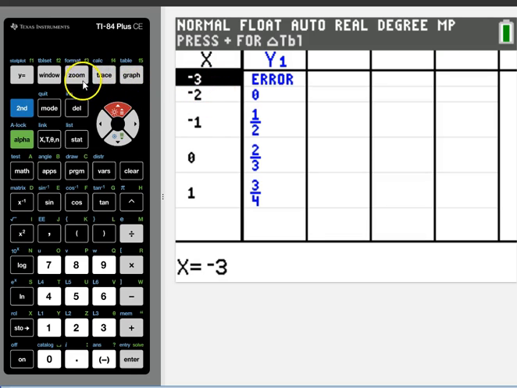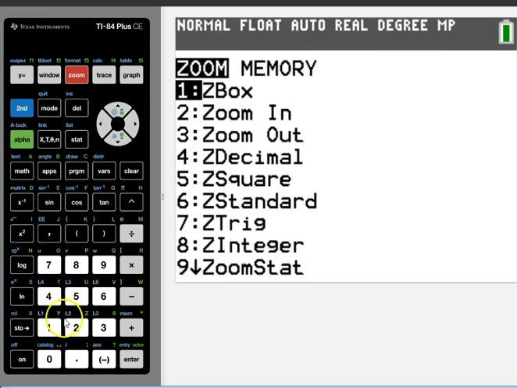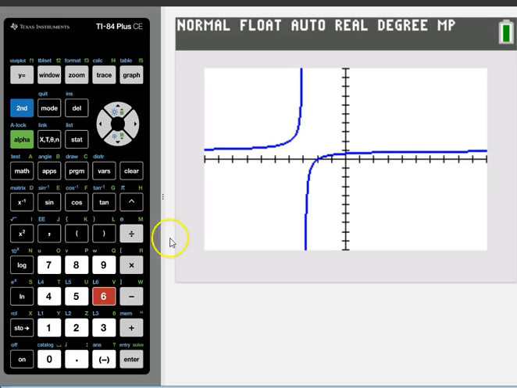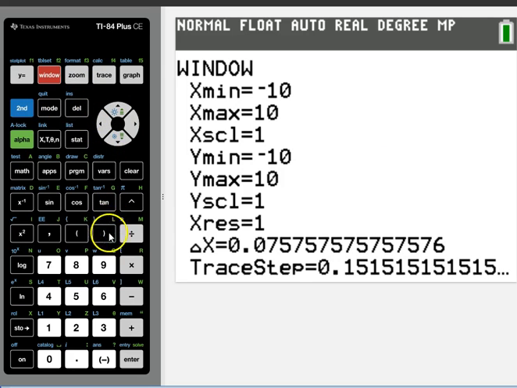Now we can look at the graph. So we're going to set up our axes. We can start with a zoom 6. That would be a standard window. And then maybe we can zoom in on this portion of it a little bit, right around the asymptote. So let's create a window that goes from -4 to 4 in both directions.